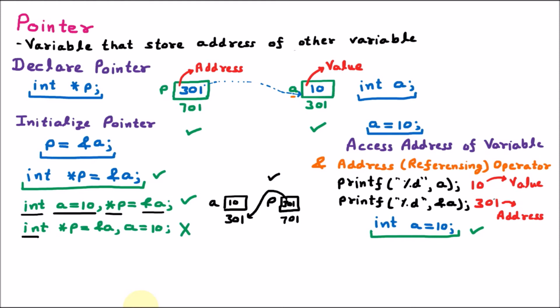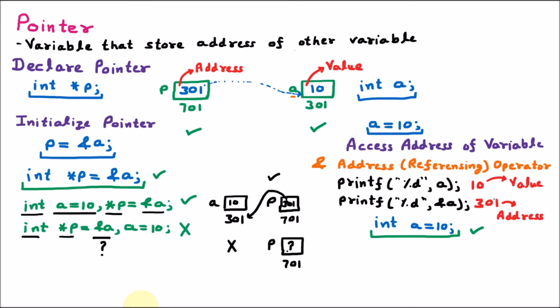I am saying int *P. So here first of all you declare a pointer. Let us suppose that the pointer address is 701, equal to address of A. We don't have A right now. So how can we find the address? So here, this is the invalid entry, because in the P we are storing the address of A, which is invalid.